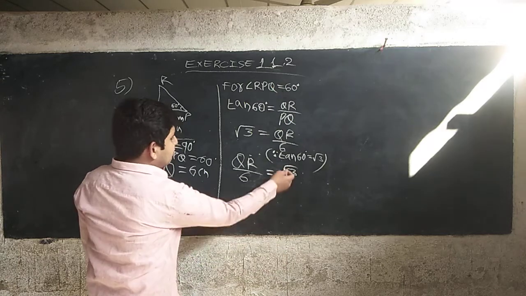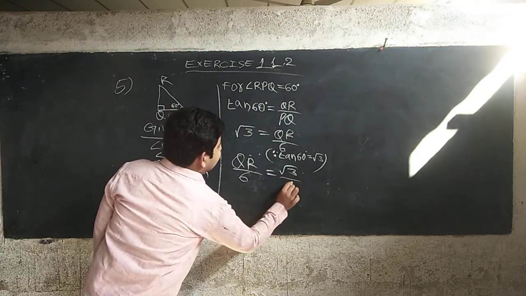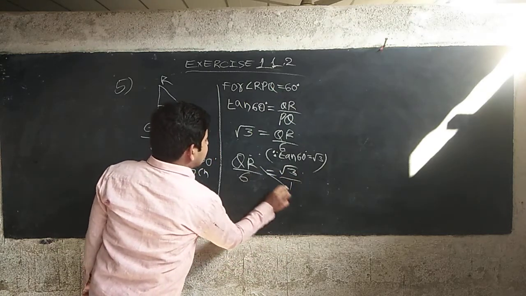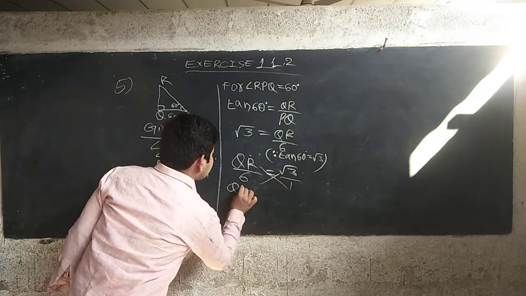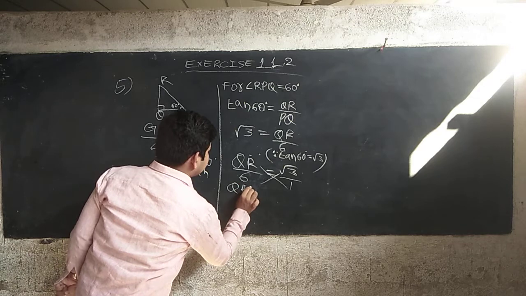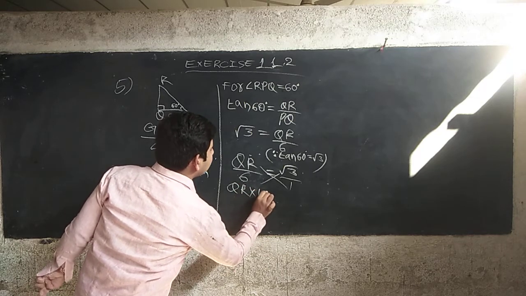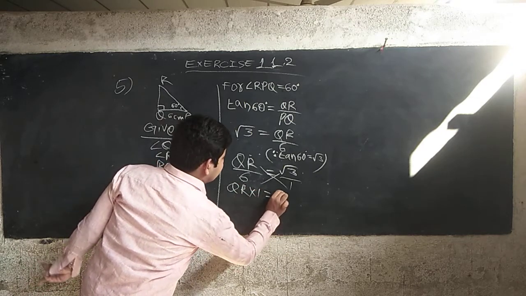So root 3 by 1. Now do cross multiplication. So QR into 1 equal to root 3 into 6.